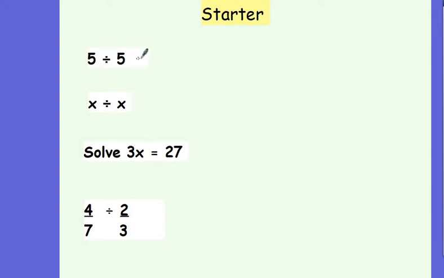Okay, 5 divided by 5. I could write that as just 5 over 5 if I wanted to write it as a fraction. I could then divide top and bottom by 5, which leaves me with 1 over 1, or just 1. 5 divided by 5 is 1.